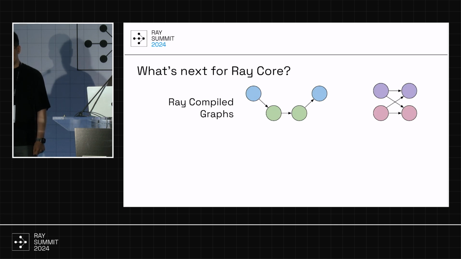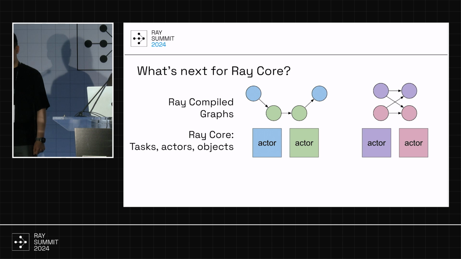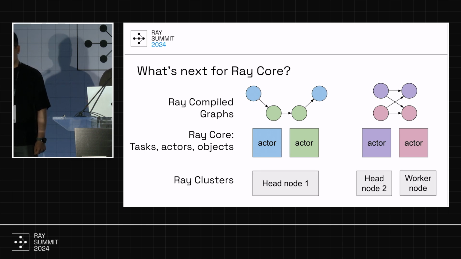So what's next for Ray Core at large? We talked a lot about Ray compiled graphs and how that builds on top of the Ray Core primitives. Underlying all of this is Ray clusters, right? So you often will have a cluster of VMs that actually execute the Ray Core system.